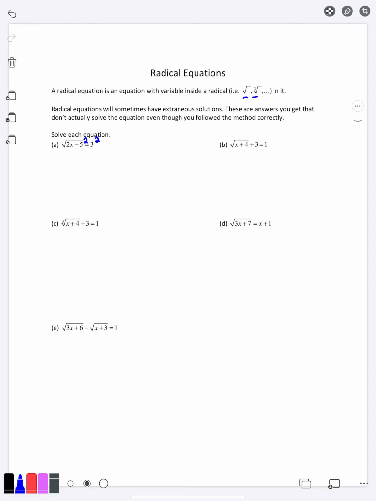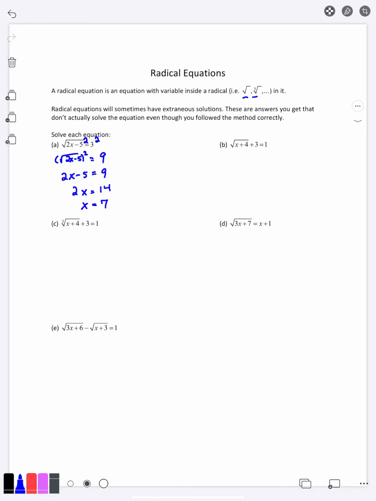The reason we do that is because if you square something that's got a square root, the square root of 2x minus 5 squared gives you just back 2x minus 5. It's one of the properties of square roots. Then we can add 5 to both sides, and then divide by 2, and we get x equal to 7.